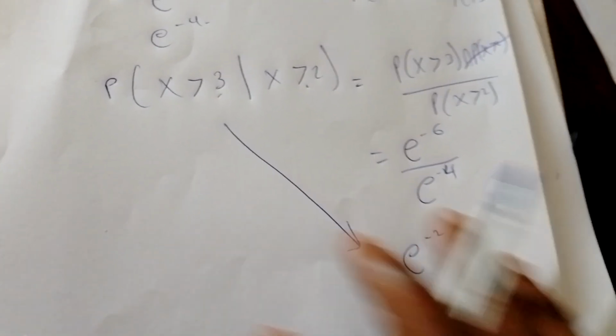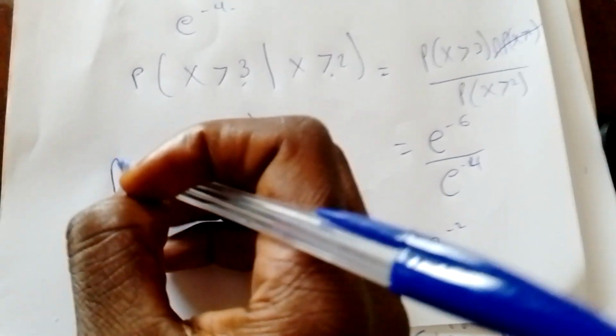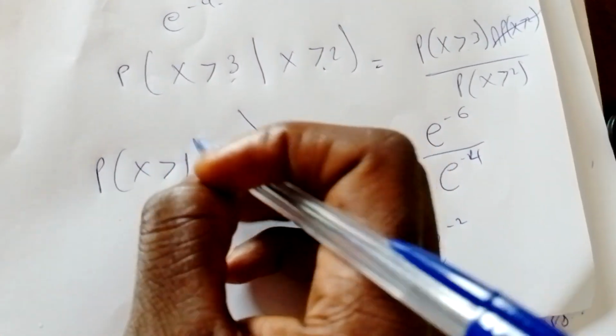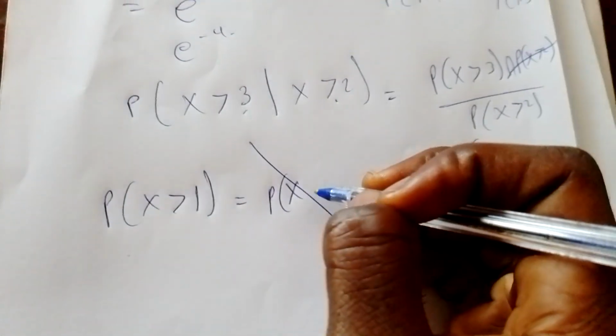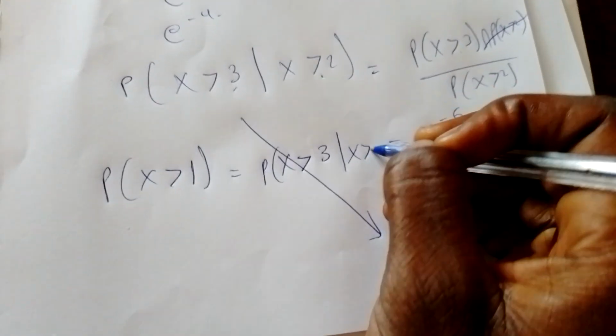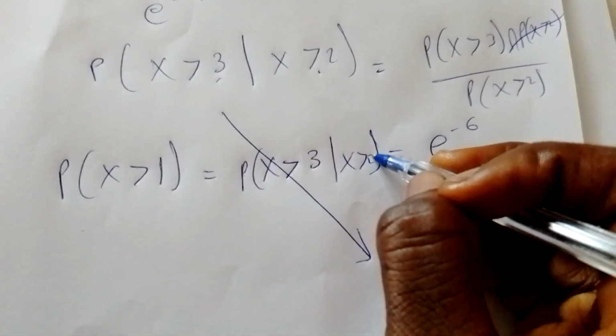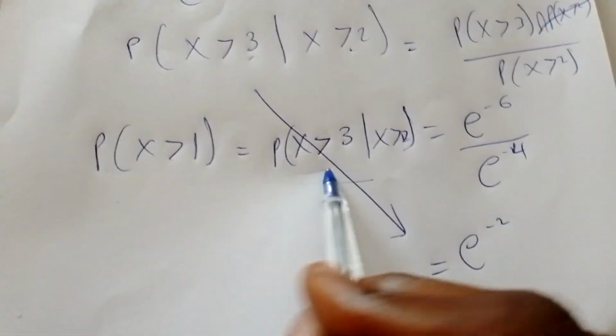The last question says we should show that the probability of x greater than 1 is the same as the probability of x greater than 3, given that x is greater than 2. So this is the last question; we have to prove that this makes sense.